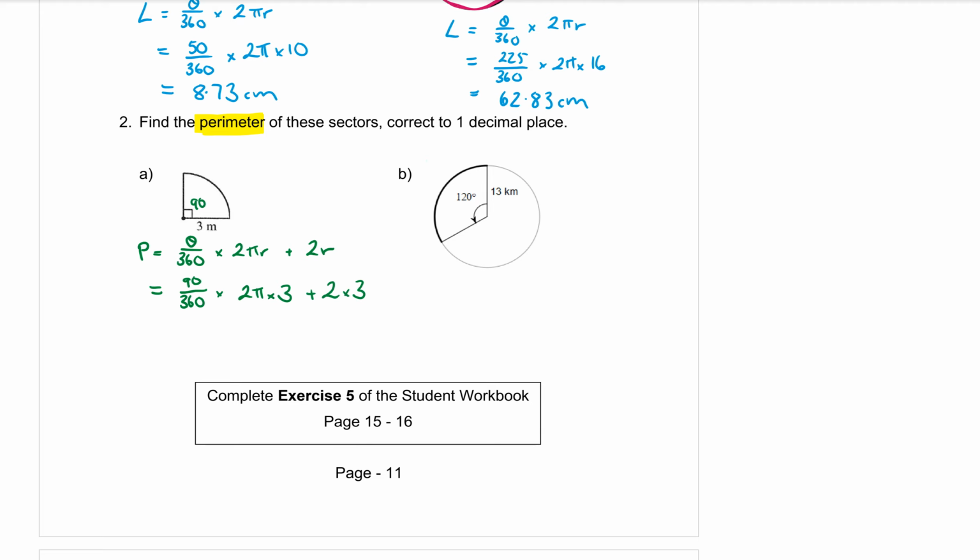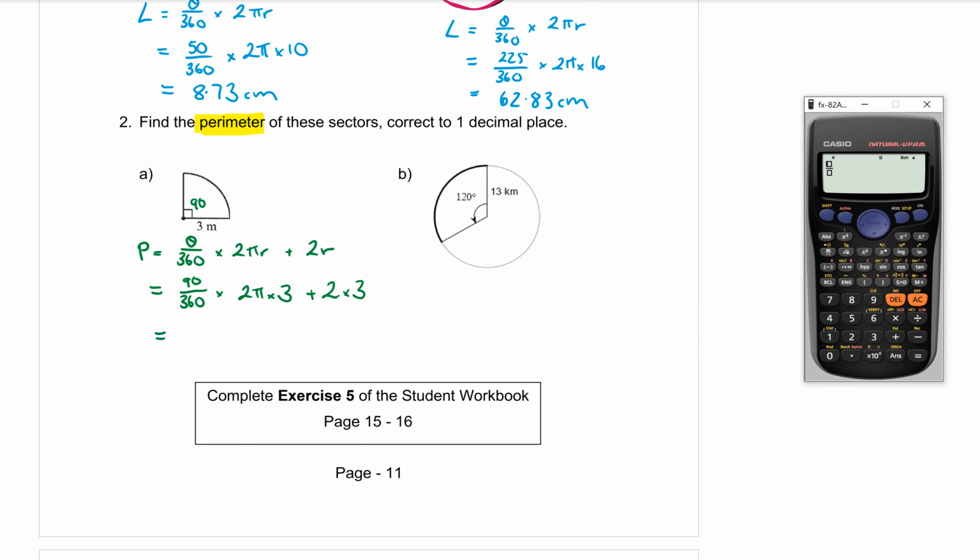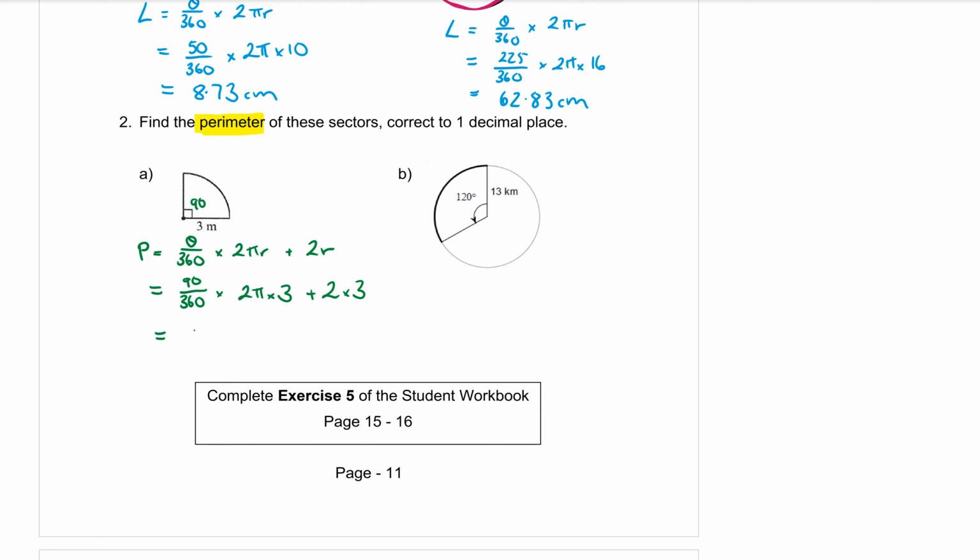Remember to put that times sign in and into the calculator. 90 over 360 times by 2 pi times 3 plus another 2 times 3. So 1 decimal place will be 10.7. Don't forget the units, which are meters.